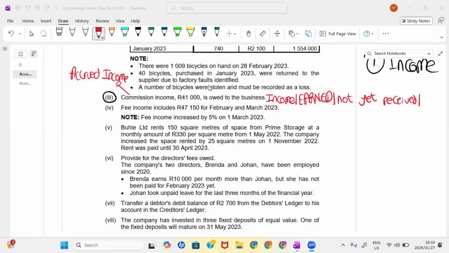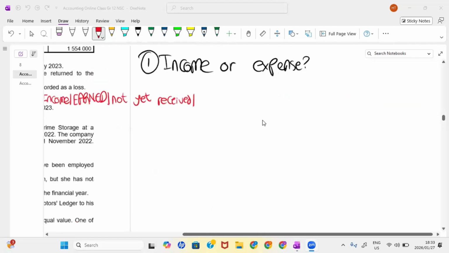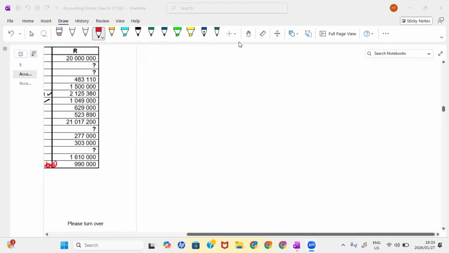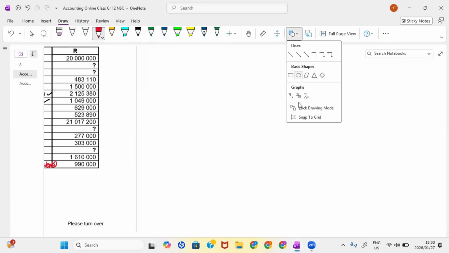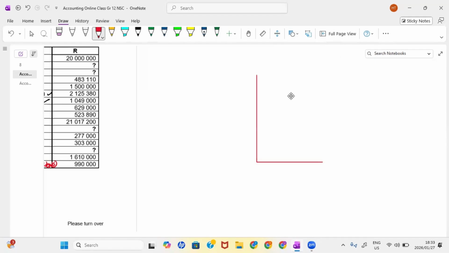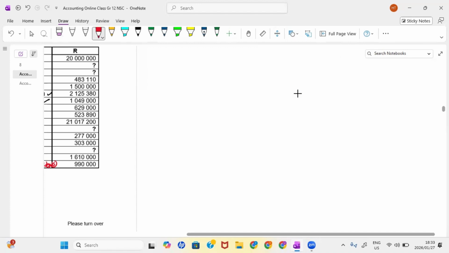Then what we need now is that table that I've shown you guys already before. Let me just draw it here again. Give me a few seconds.